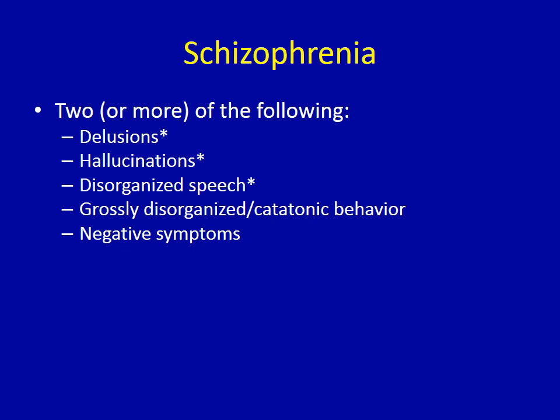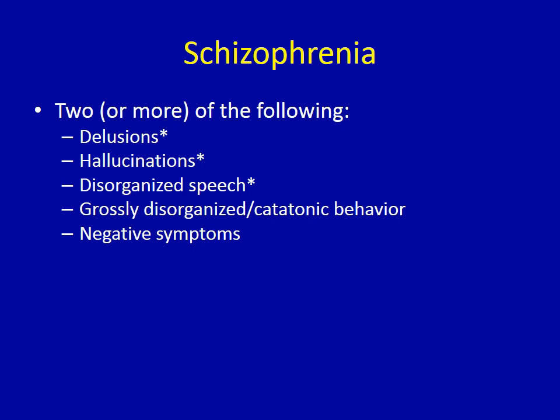And all of those negative symptoms are considered one cluster. So you might see catatonic negativism, that would be considered a negative symptom. You might see avolition or alogia or affective flattening. All of those would be considered part of this one group.